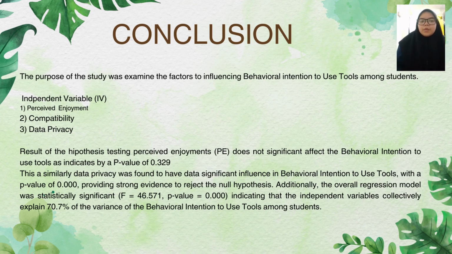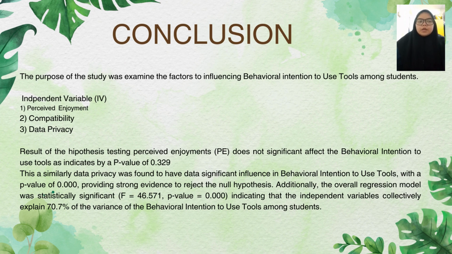The result of the hypothesis testing shows perceived enjoyment does not significantly affect the behavioral intention to use tools among students, with a p-value of 0.329. In contrast, data privacy was found to have a significant influence on behavioral intention to use tools, with a p-value of 0.000, providing strong evidence to reject the null hypothesis.